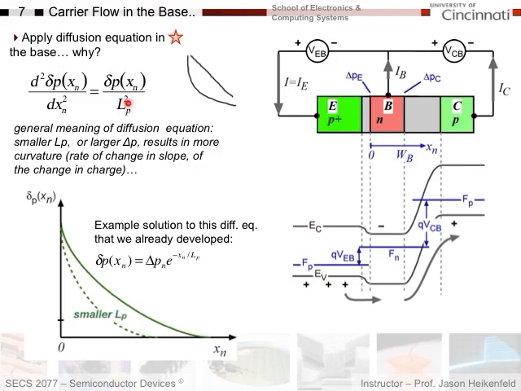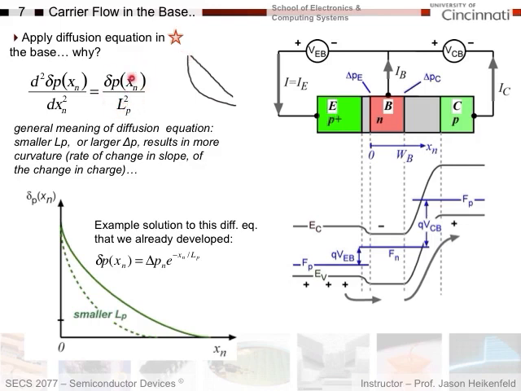Well, does that make sense? Think about that. If I want to have a larger change in the slope of the concentration with distance, I'd like to have a larger excess at the interface. And the other thing is that if my diffusion length is small, this term goes up as well.